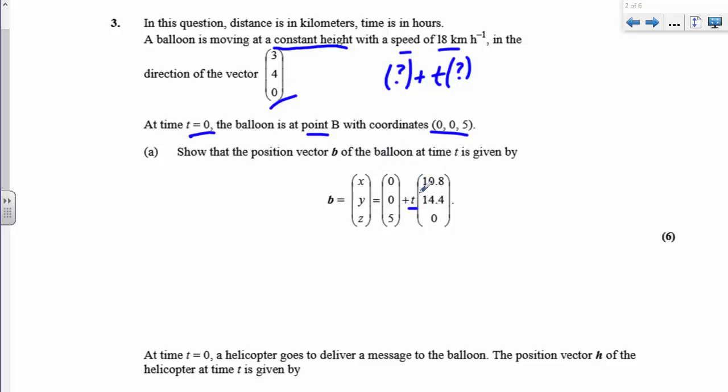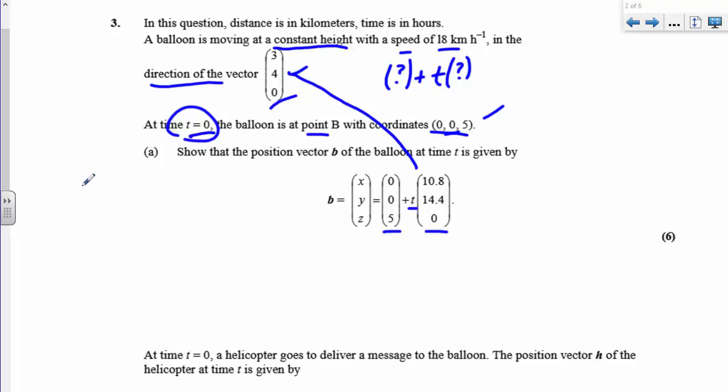So basically, if this is 0, like they're telling me, time is 0, this is 0 times this vector, which is nothing. All that's left is 0, 0, 5, which is why they tell me the starting point is 0, 0, 5. However, to show this, remember they gave me a directional vector, and this is the starting point, and this is the directional vector, or a scalar multiple of it. So if I multiply this particular velocity vector times time, it should equal the directional vector. These are scalar multiples of each other.